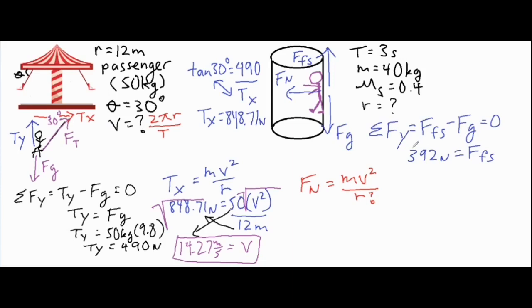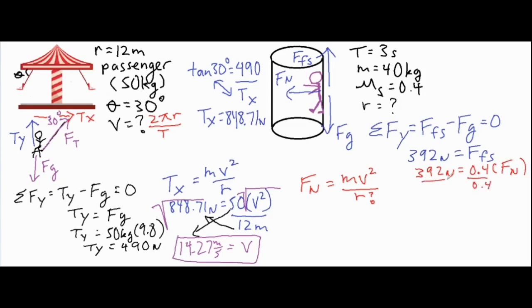So I'm going to go ahead and break this down a little bit more because I know when it comes to friction, that includes the normal force. And a little hint I have is I have the coefficient of static friction here. So 392 newtons equals 0.4 times Fn. It always equals mu times Fn, the coefficient of static friction, times the normal force.